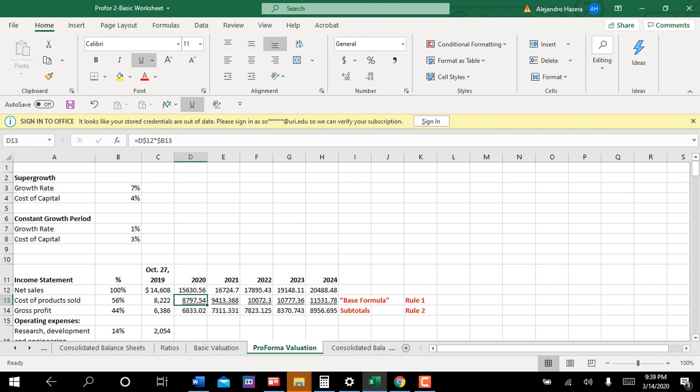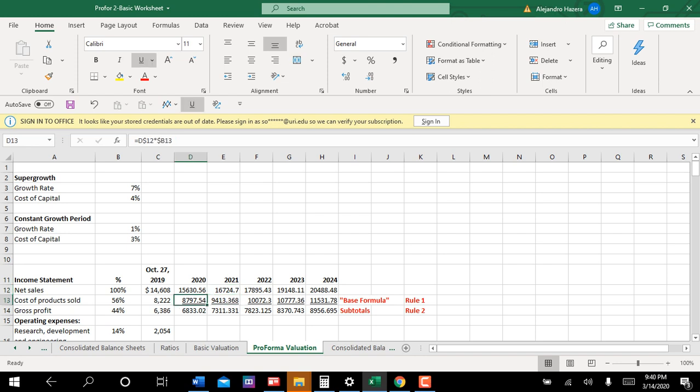Each cost of goods sold line for each year is 56% of that year's sales. So this 8,800 is 56% of the 2020 sales of 15,630. The 2021 cost of goods sold are 56% of the 2021 net sales of 16,724.